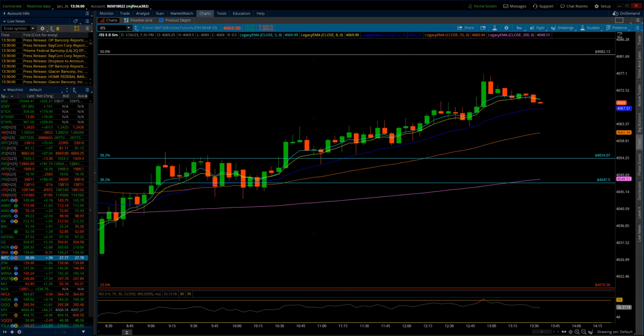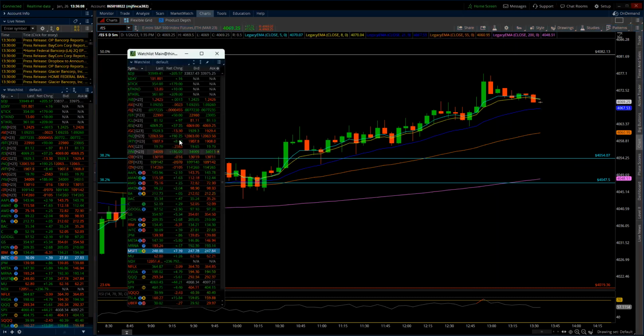I keep this up over there so I can see it as I'm trading, because I have TICK ND, that's the broader market, that's the NASDAQ, and there's the Russell. This will show you how many issues are being bought or sold at any given moment within the trading day.